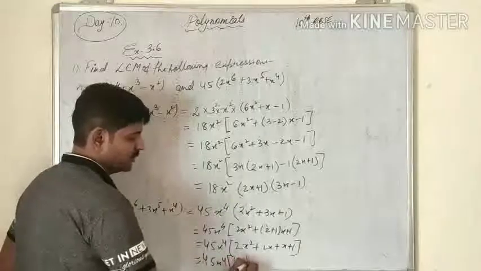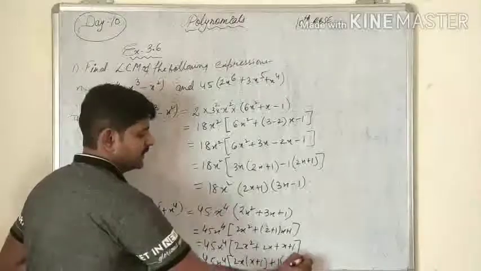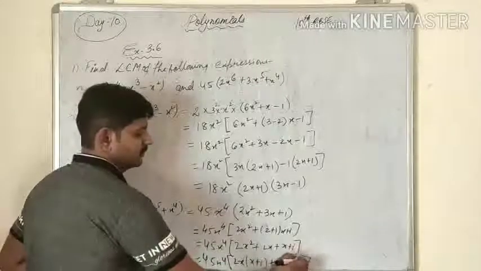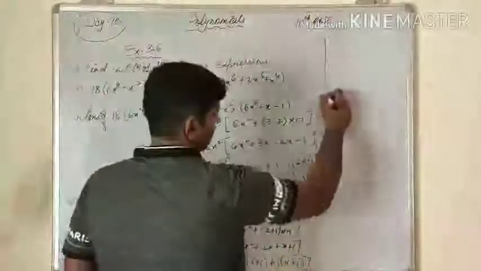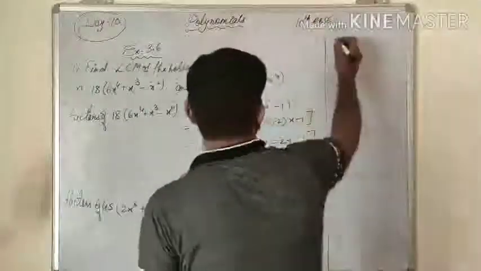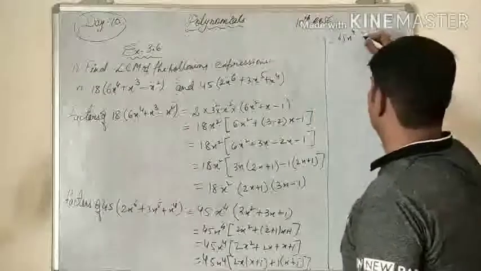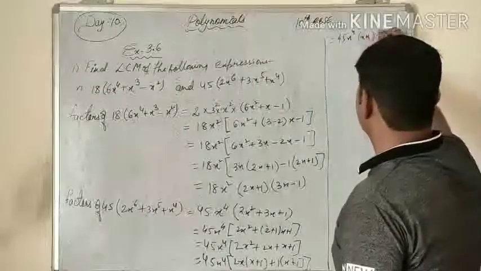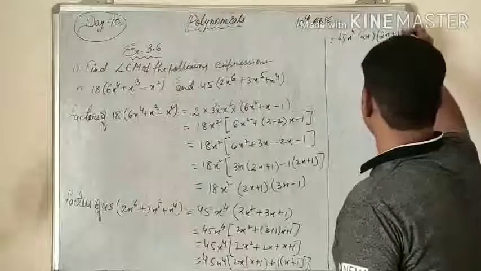There is 2x outside, so x plus 1 is left, and 1 we will take common, so x plus 1 is left. So factors are 45x raised to 4, x plus 1 and 2x plus 1.